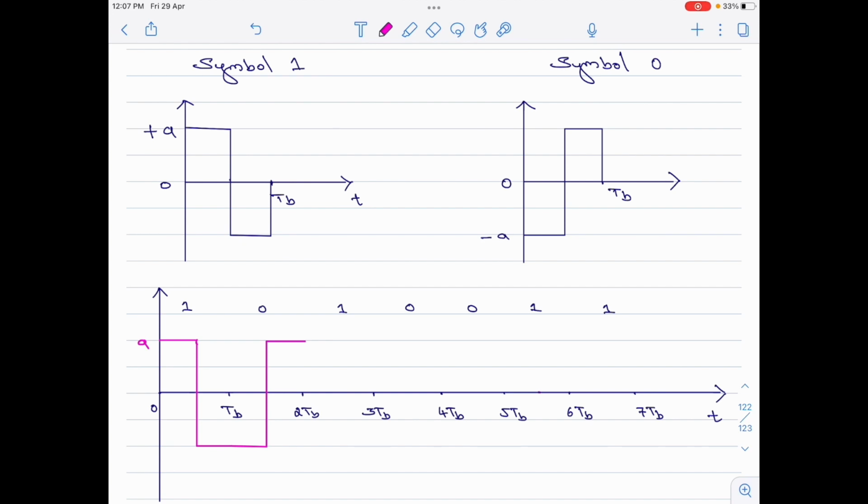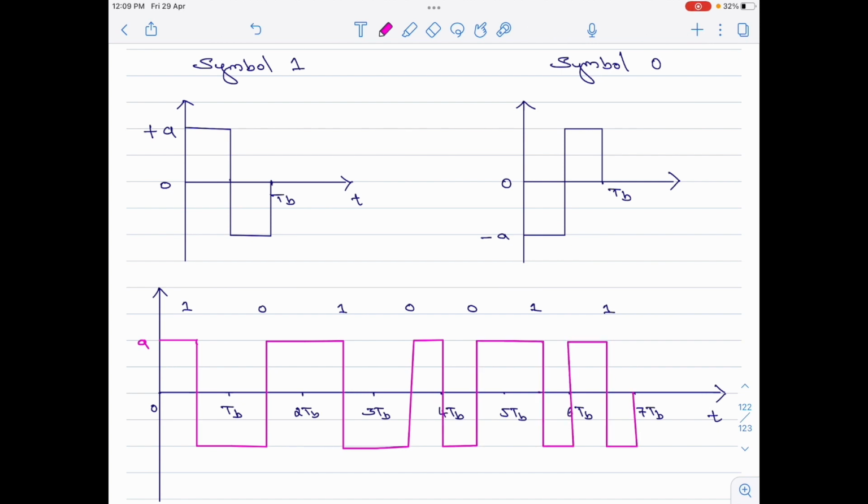The next bit is a bit 1. So, we start by transmitting a pulse of amplitude plus A for the first half of the duration, and for the remaining half of the bit duration, we transmit a negative pulse. This is the representation of Manchester encoding for the given binary data.